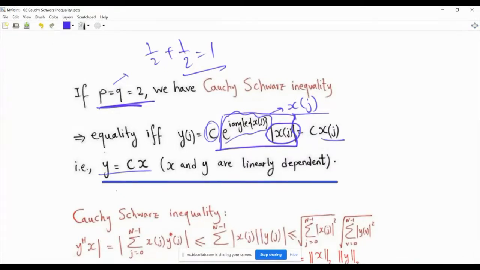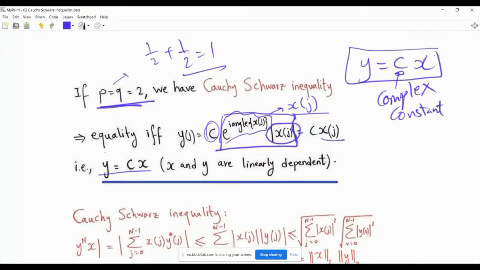In other words, you can write it as vector y is equal to some complex constant multiplied by x. So it is an if and only if statement. If y is some complex constant multiplied by vector x, then the Cauchy-Schwarz inequality will be satisfied with equality, right?